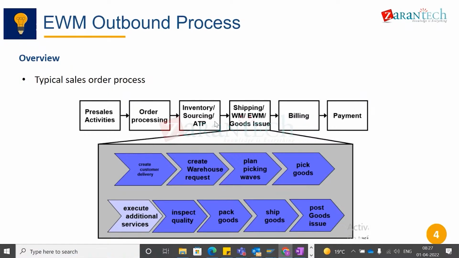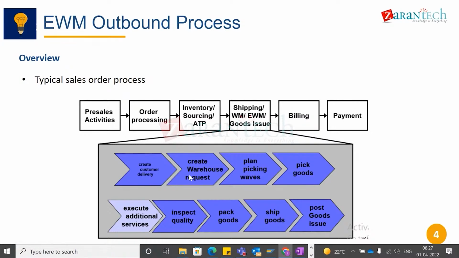Once the inventory and sourcing are done, it will come to the shipping, WM, EWM, goods issue, MM step. Inside this step, our whole EWM process will start. In the ERP system, the sales order will be created. For that sales order, you will receive the customer delivery or outbound delivery.